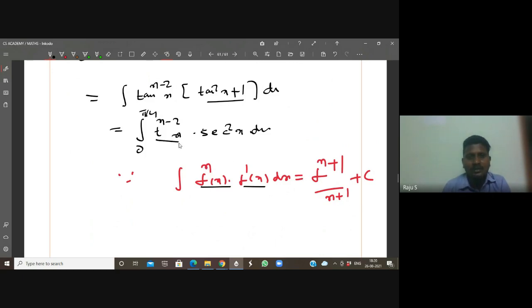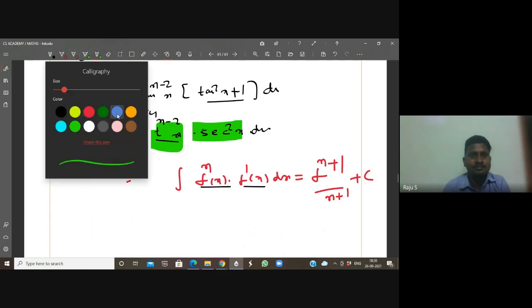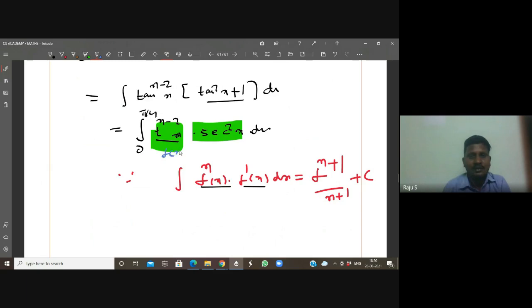Now tan x is there, and tan x derivative is there. So the function is tan x: this is f of x, this is f dash of x. Then apply the formula. In place of n, n minus 2 is there. So tan to the power of n minus 2 plus 1 by n minus 2 plus 1.